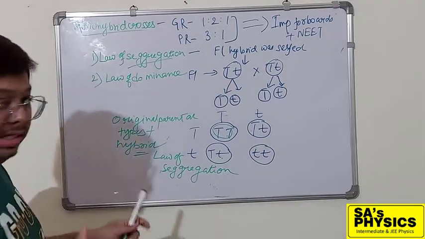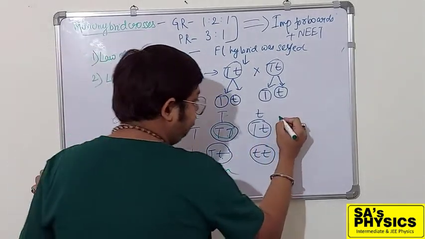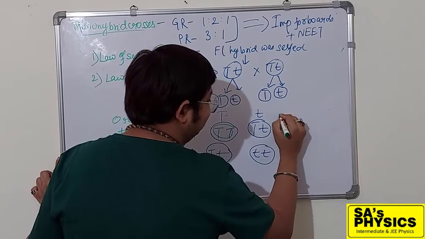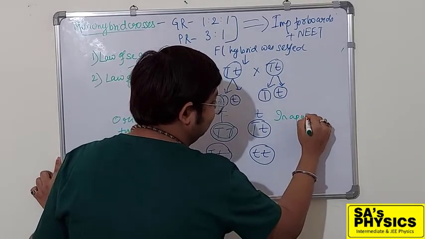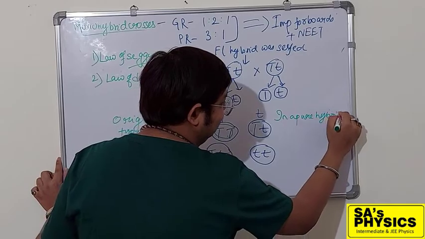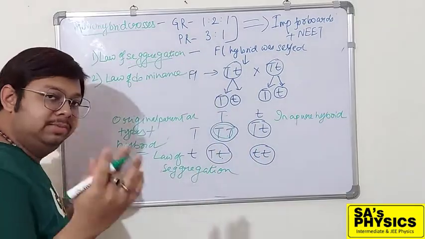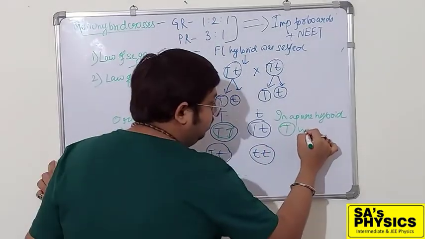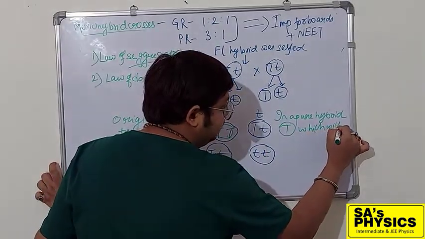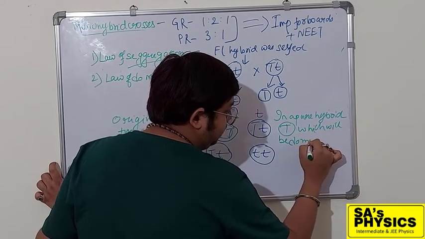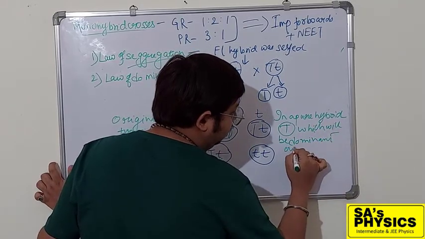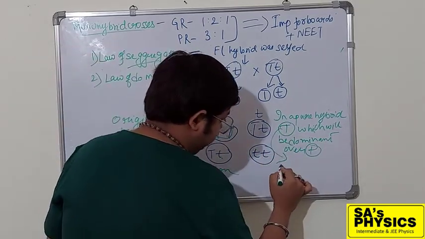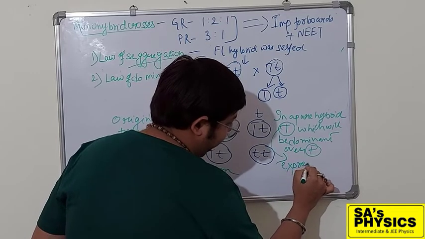And law of dominance is that in a hybrid, there will always be one factor which will be dominant over small t, and hence will express itself.